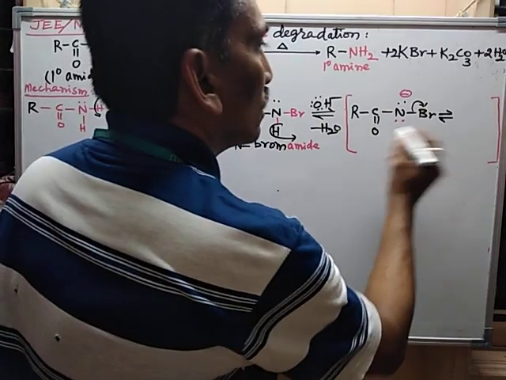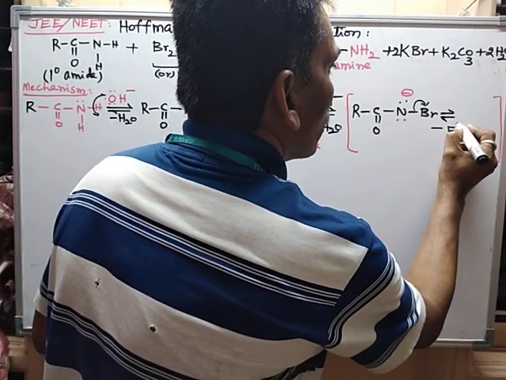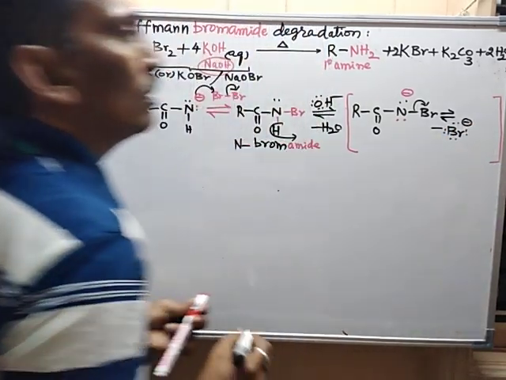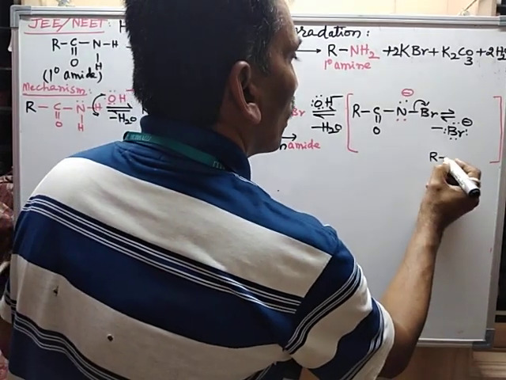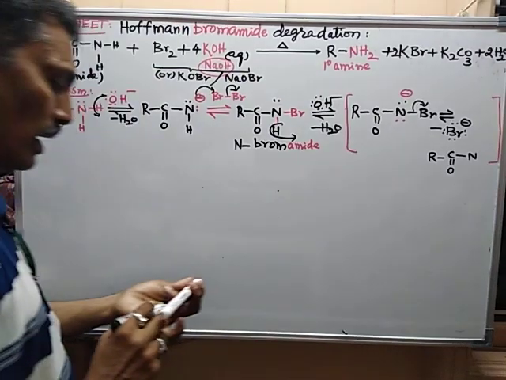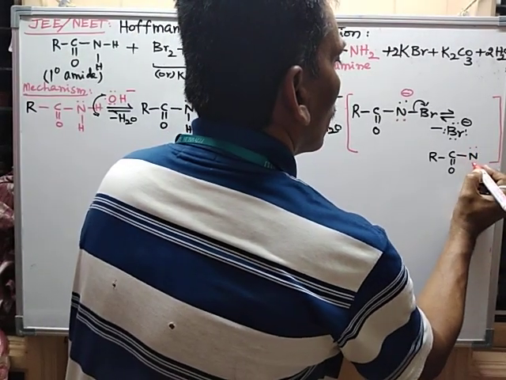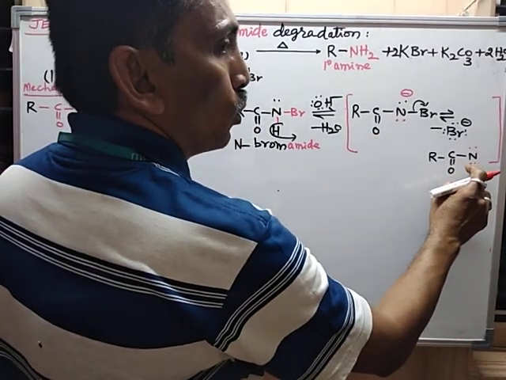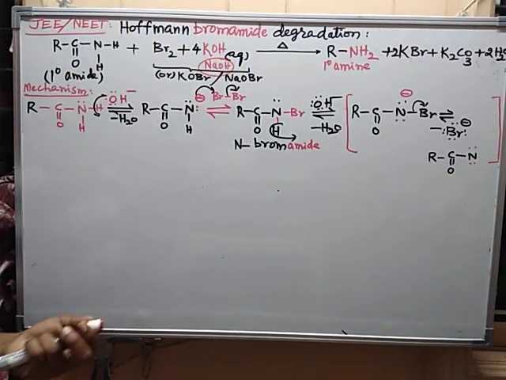And you will get, so here Br minus is expelled from the reaction mixture and the resulting species is typed like this: R as usual, C double bond O as usual, and nitrogen already has one pair, a second pair also, so this nitrogen contains two lone pairs of electrons and one pair of bonding electrons.